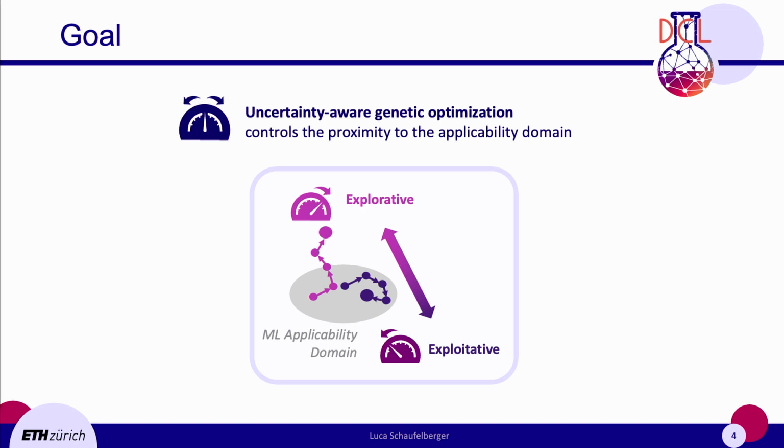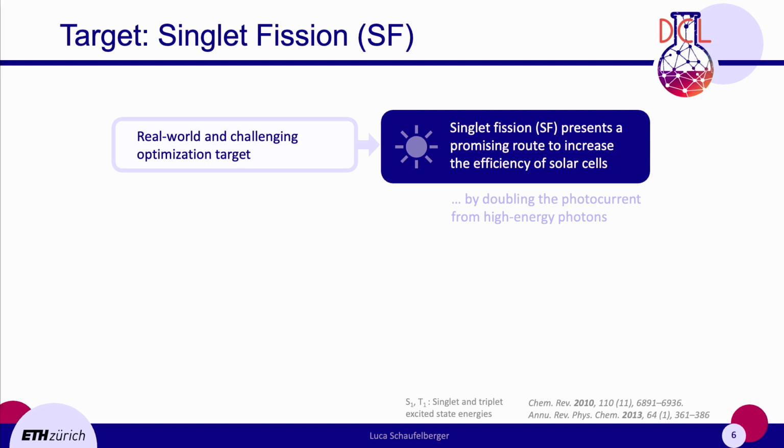Of course, when we want to do some optimization in practice, it's better to have a real challenging optimization target and not only stay with toy optimization targets like is often done. So what we focus on here is singlet fission, which presents a promising route to increase the efficiency of solar cells.